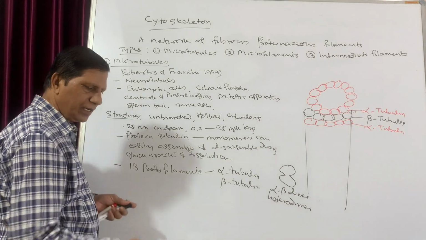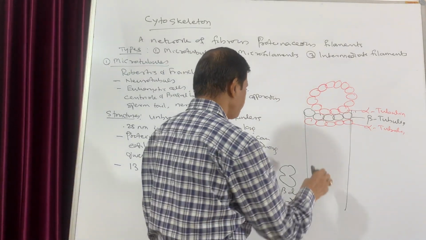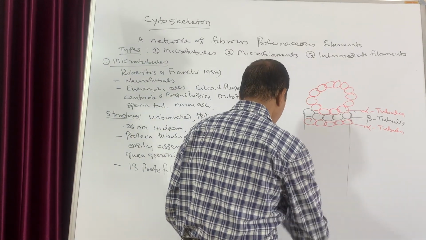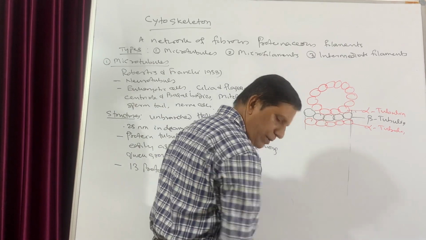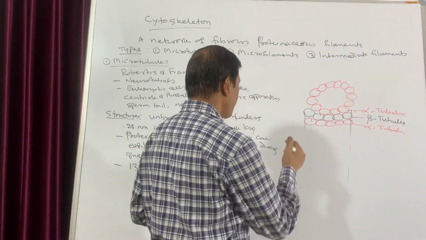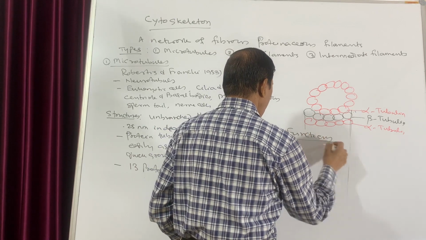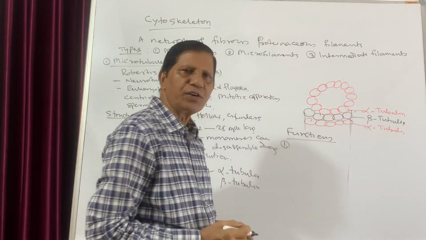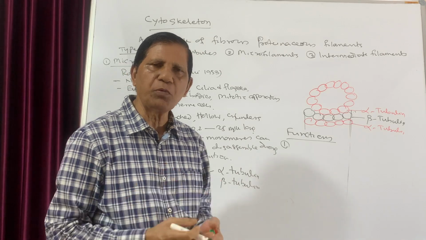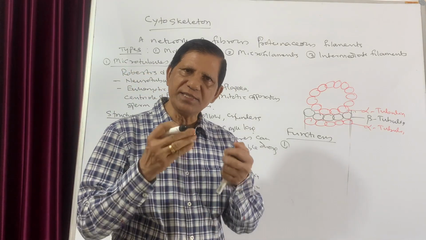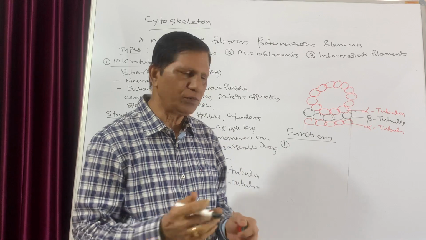Now let us discuss the different functions. Among the different functions, the most important function is that it provides mechanical support. That means it provides rigidity and shape to the cell.